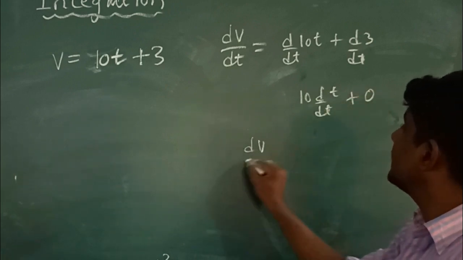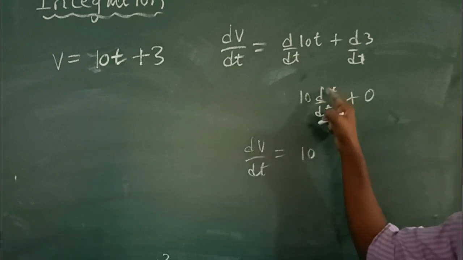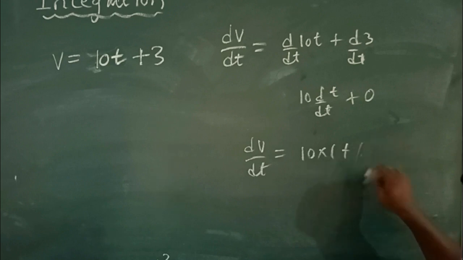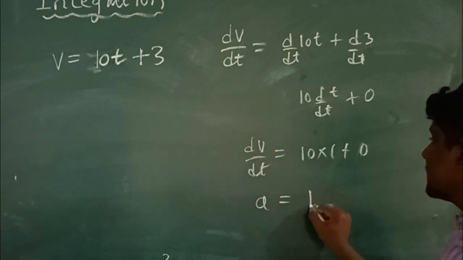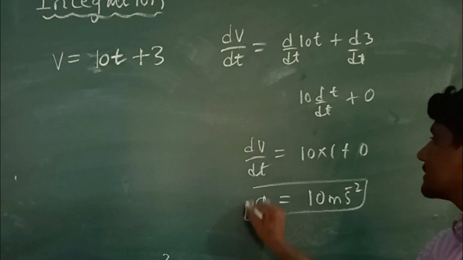So dv by dt, finally it is what? 10, differentiation of t with respect to t is what? 1. So it is 1 plus 0 plus 0. So dv by dt means what? Acceleration a. Answer is how much? 10. So this is your answer, meter per second square. So this is your answer, acceleration.